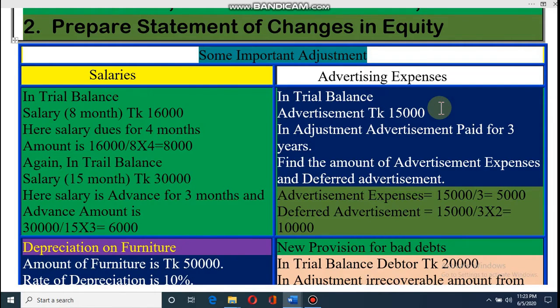So how can we solve those adjustments? Today we'll discuss that. That means today also we'll discuss income statement, but not the full income statement. Today we'll discuss some critical problems of income statement, that means how we can solve the problems that arise from the adjustments.